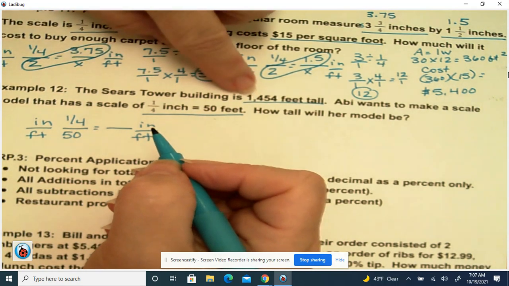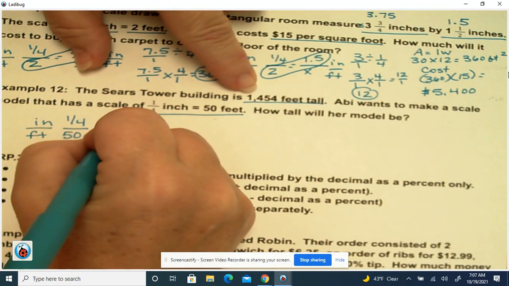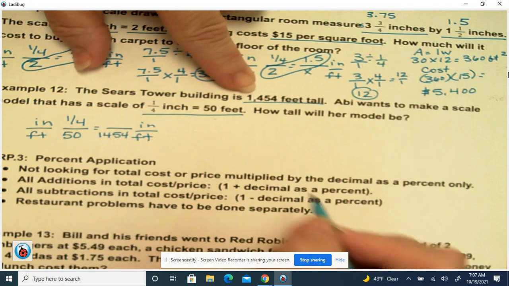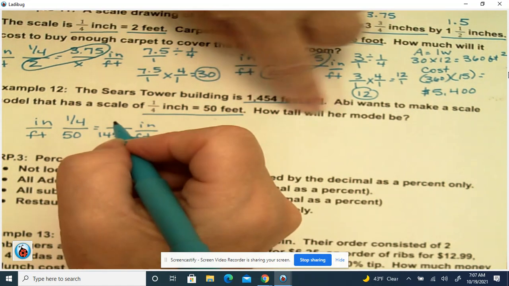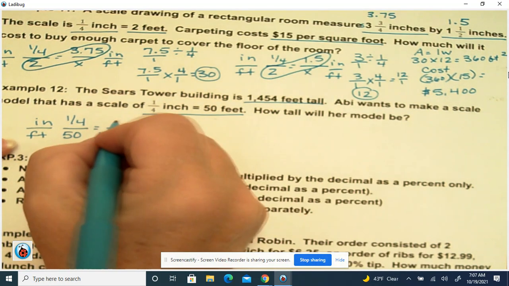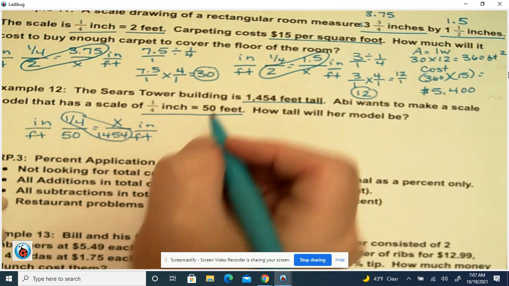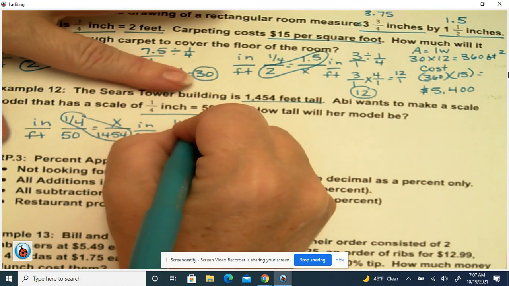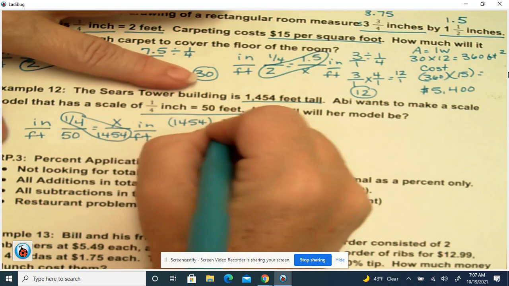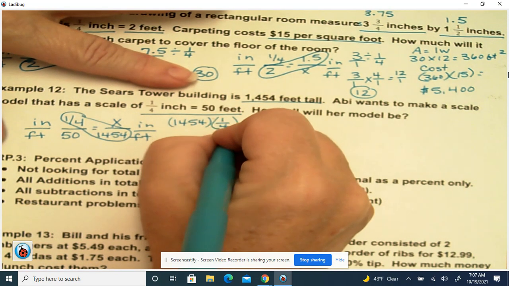The Sears Tower building is 1,454 feet, so it goes on the bottom, and it says how tall will the model be. And remember, the scale of the model is on top. So we're going to multiply these two. We've got 1,454 times 1/4.